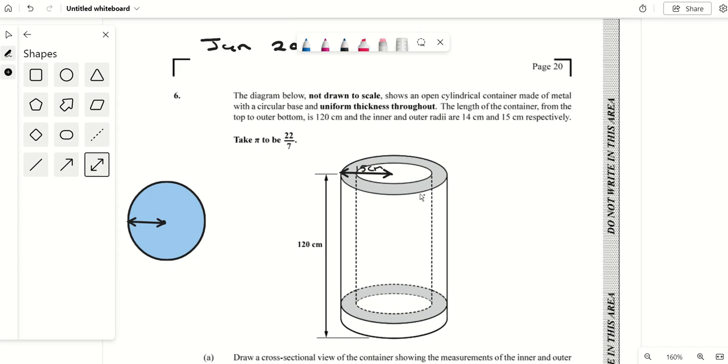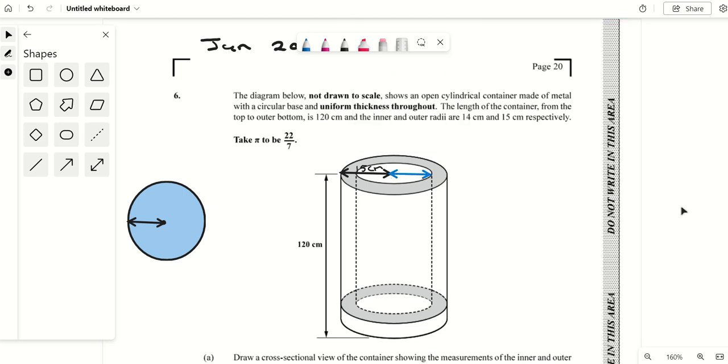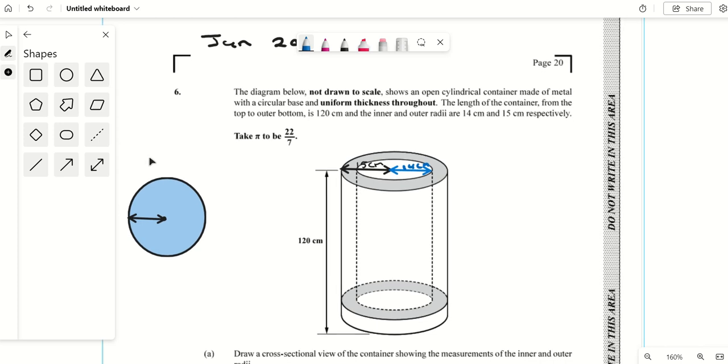And then from the inner circle to the center, I'm going to put this in a different color, blue, so we can differentiate, is 14 centimeters. So the outer cylinder has a radius of 15 and the inner circle has a radius of 14 centimeters.